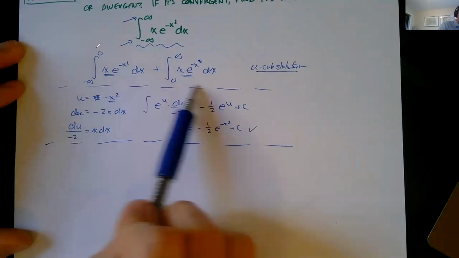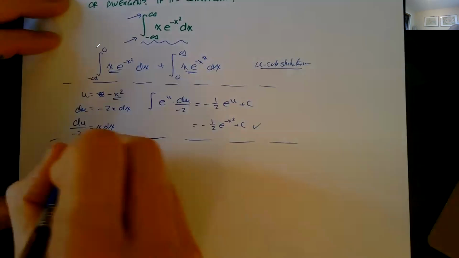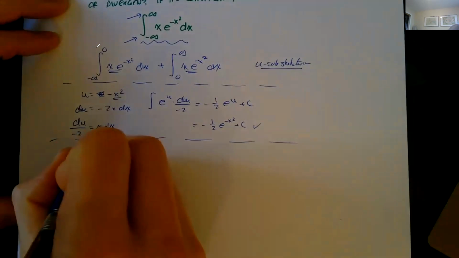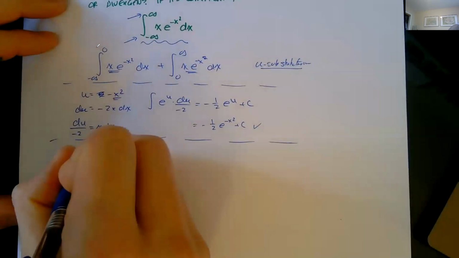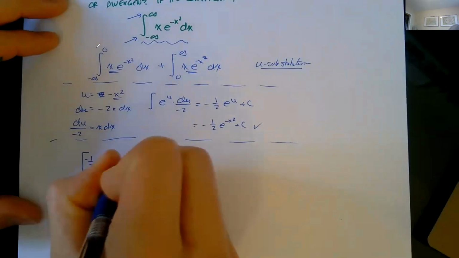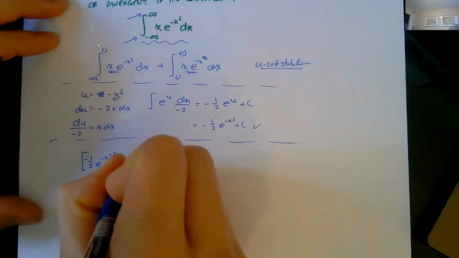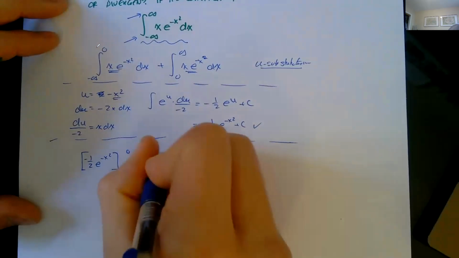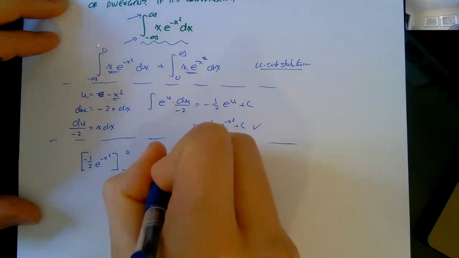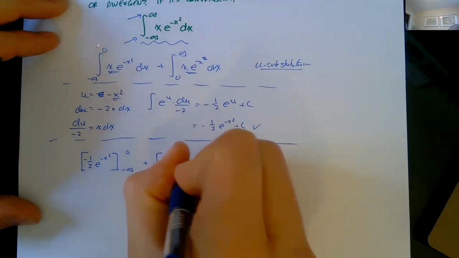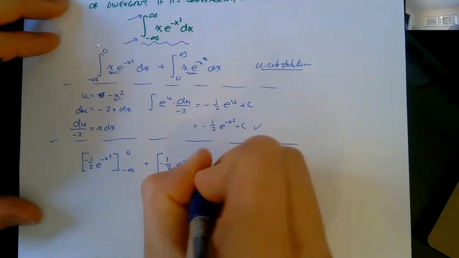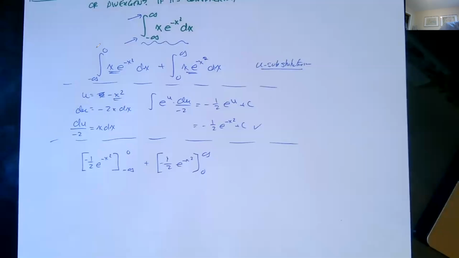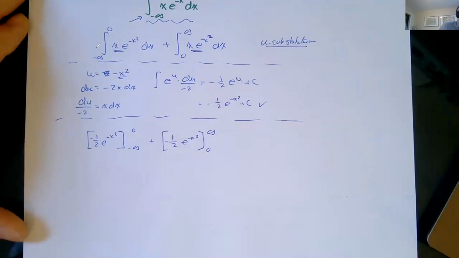Now let's come back to these improper integrals. When we apply that antiderivative, the first one is negative 1/2 e to the negative x squared from negative infinity to 0, plus negative 1/2 e to the negative x squared from 0 to infinity. And now we just proceed using statements 1 and 2.